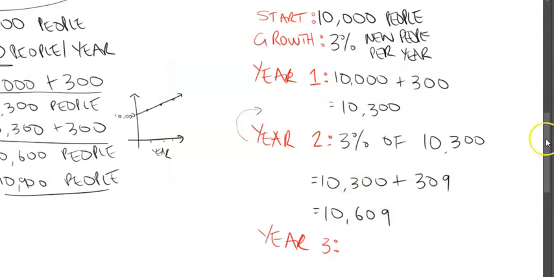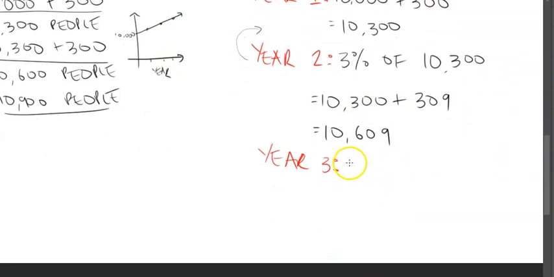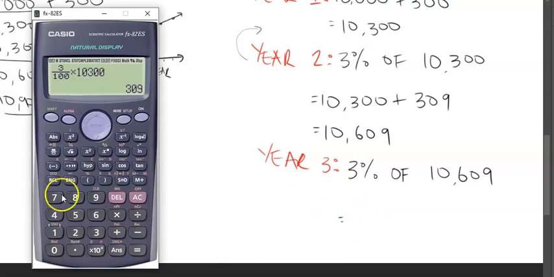So in this case, this is going to be 10,609. And then again, we're going to figure out 3%, but not on the initial or starting value. This time we're going to get 3% of 10,609. And then again, we're expecting more people. So 3 over 100 times 10,609. Make sure you press the equals button.